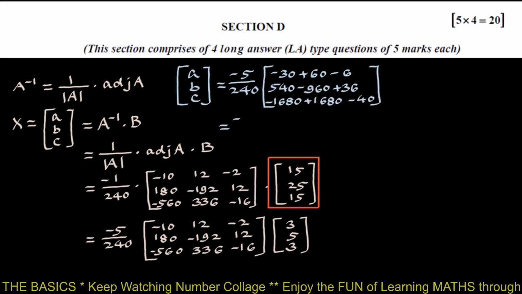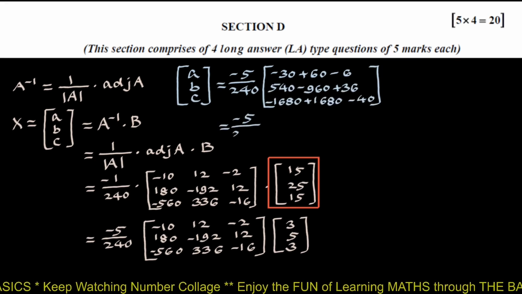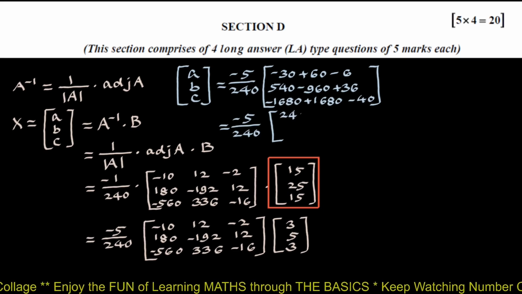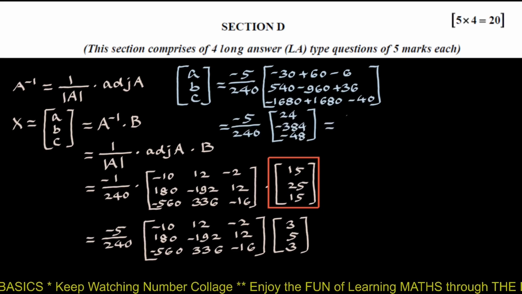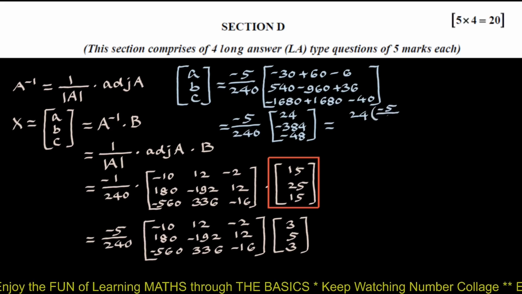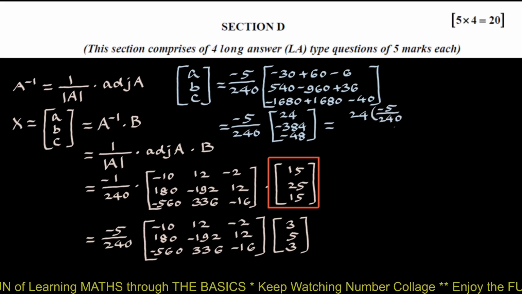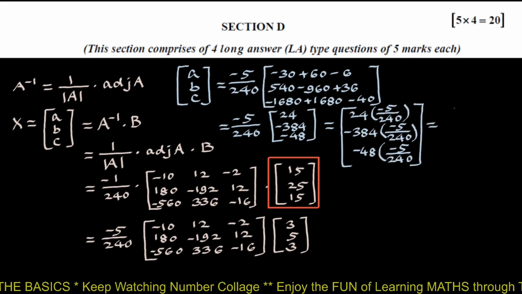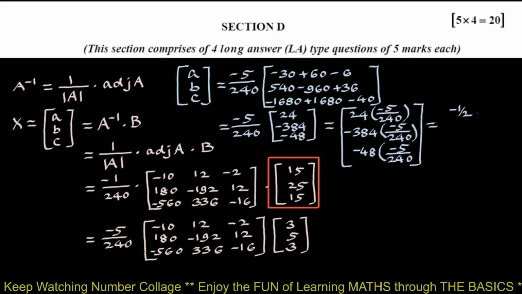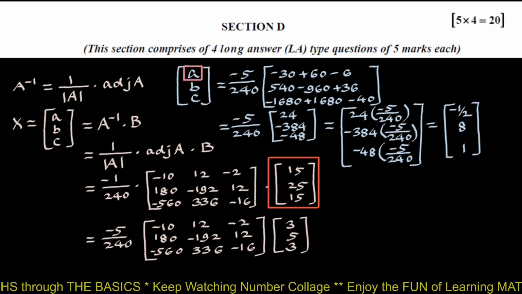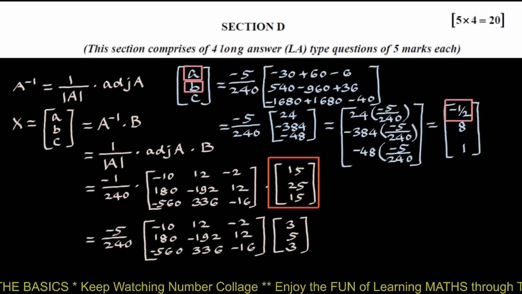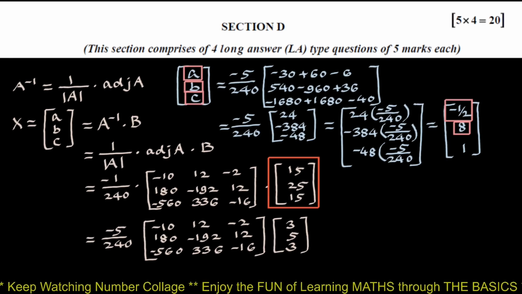That will be minus 5 upon 240 into column matrix 24, minus 384, minus 48, which is 24 into minus 5 upon 240 etc. This will be minus 5 upon 10, minus half, 8 and 1. So that gives the value of A as minus half, that of B as 8, that of C as 1.